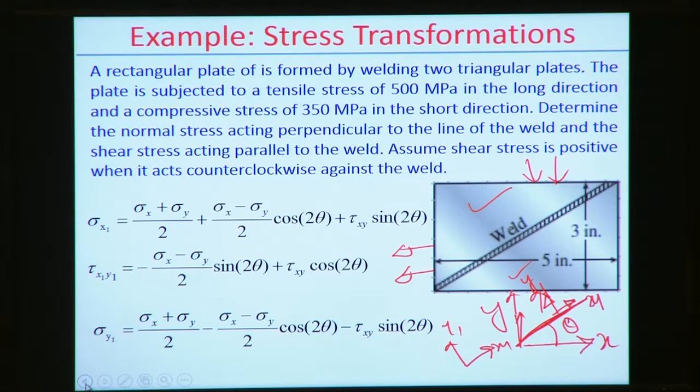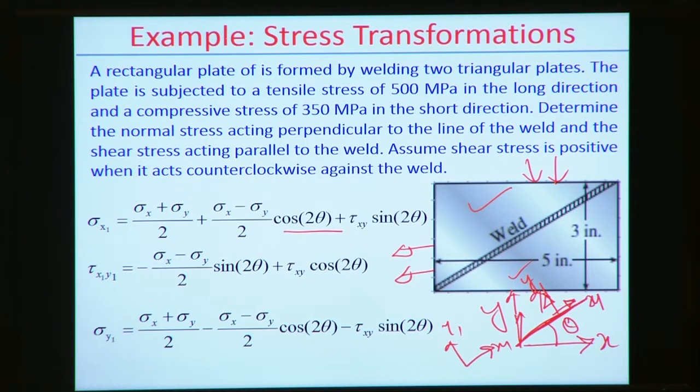So theta can be calculated with the dimensions of 3 inch and 5 inch. From here we can easily find out theta, and then we can find out the new axis system x1 and y1. So sigma x1, sigma y1 and tau x1y1 are found simply using the transformation equations in terms of theta and in terms of the initially defined sigma x and sigma y.